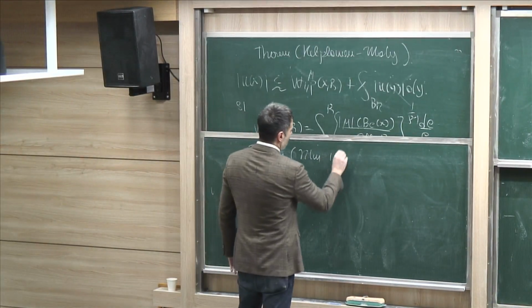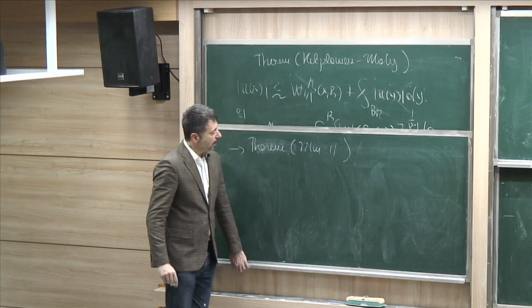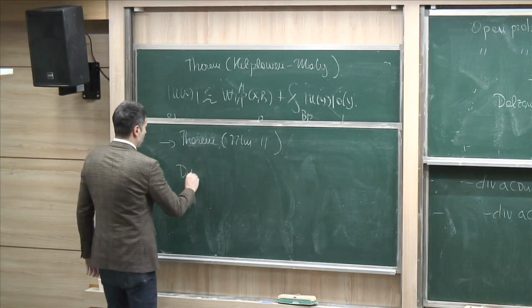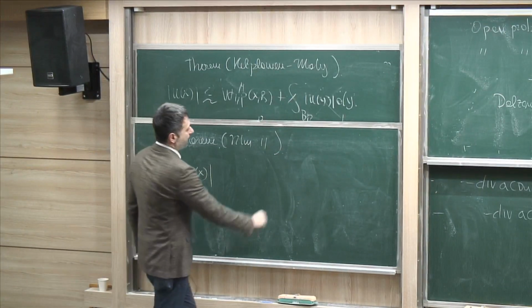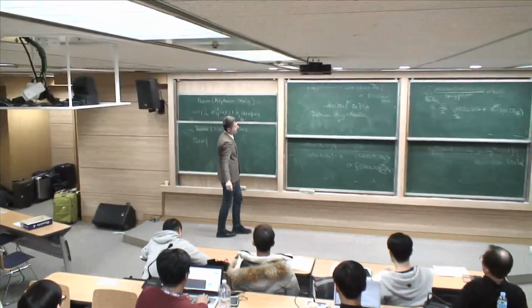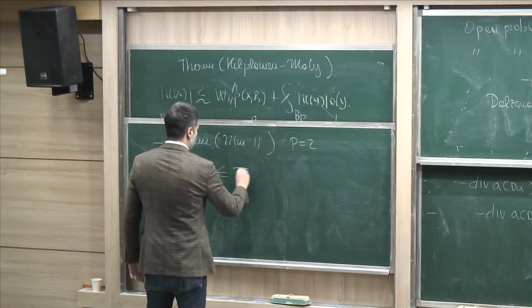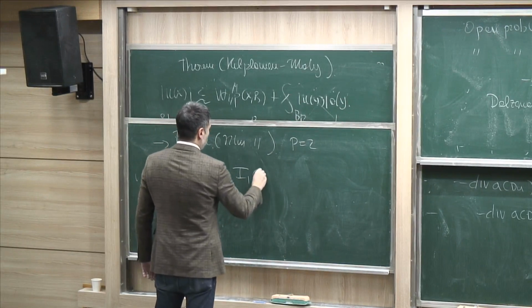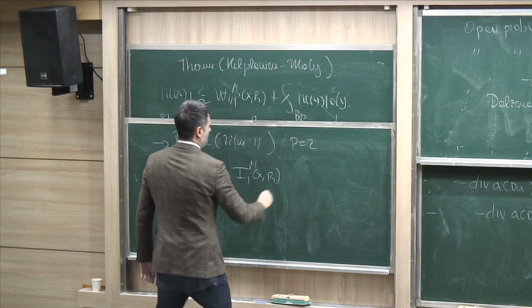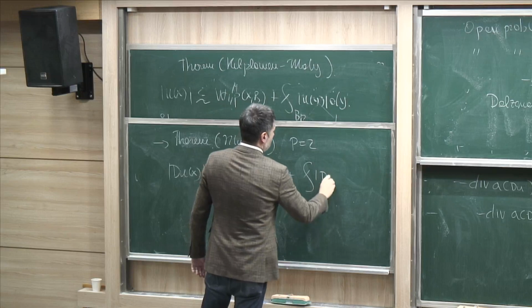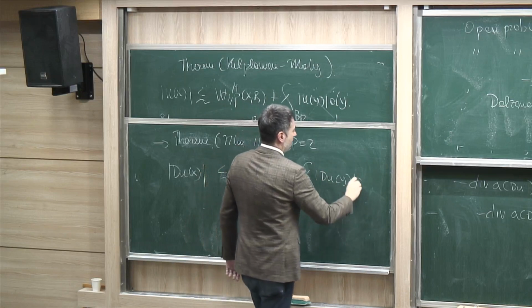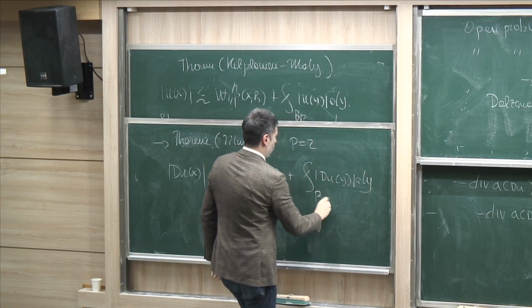And so this is a paper of mine, and it tells you that you can pointwise estimate, for p equal to 2, so for general equations like this, you can pointwise estimate by the Riesz potential like this.